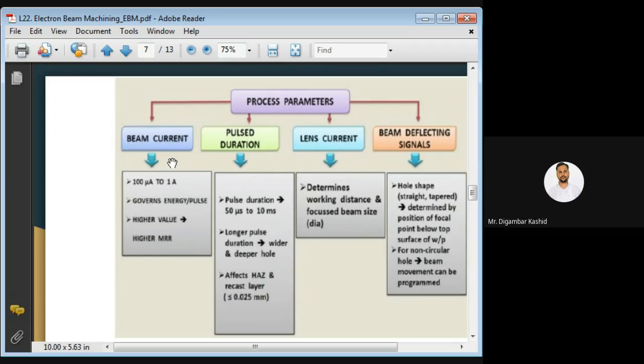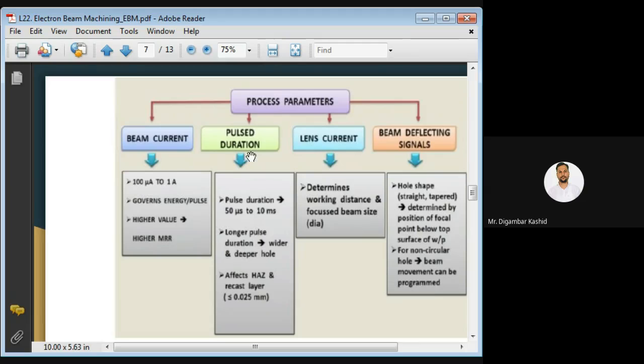By changing the beam current, you can change the beam energy, or the material removal rate on the workpiece surface.